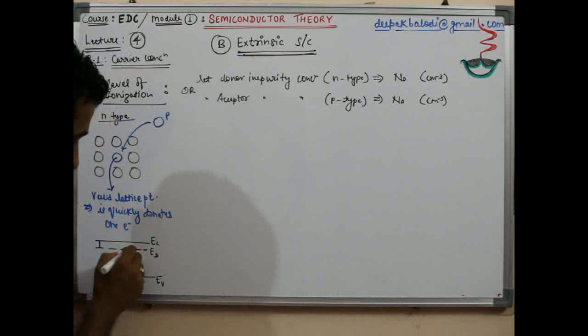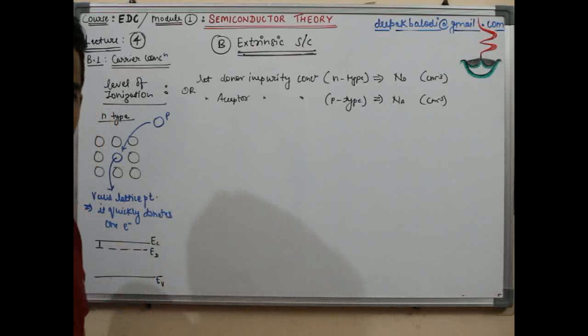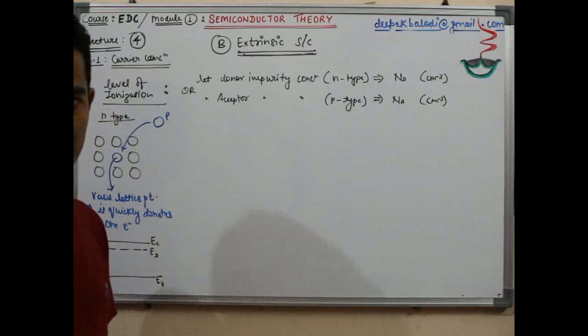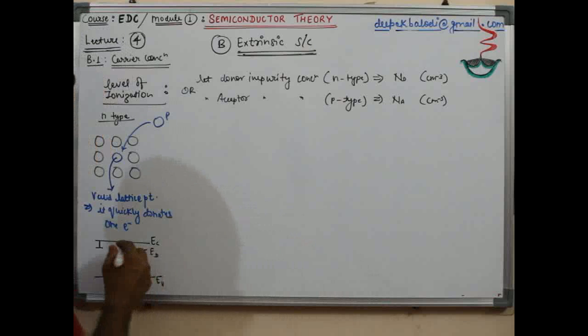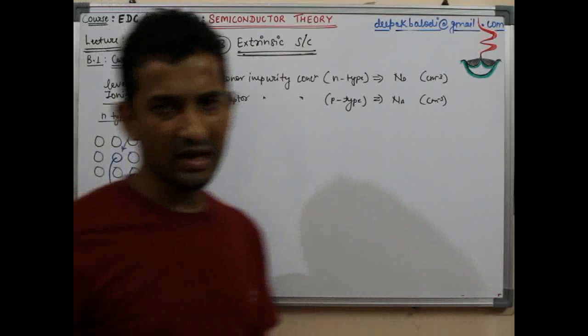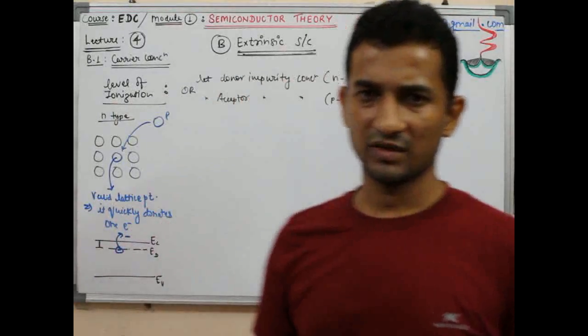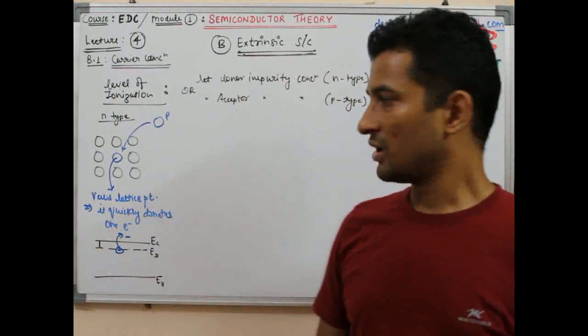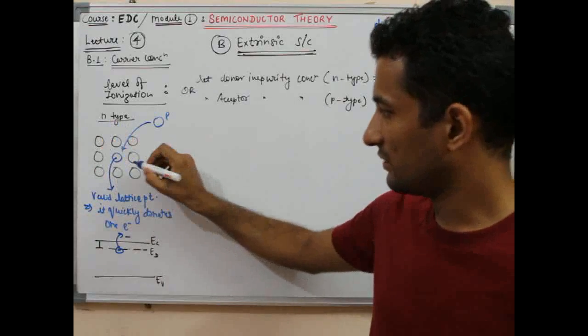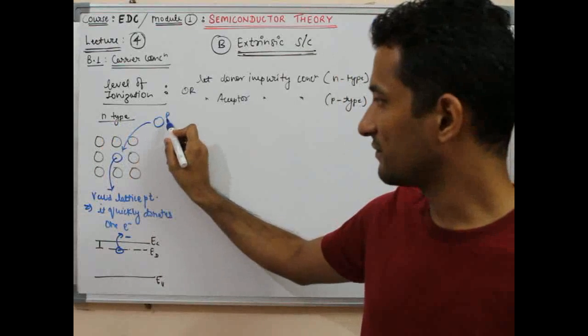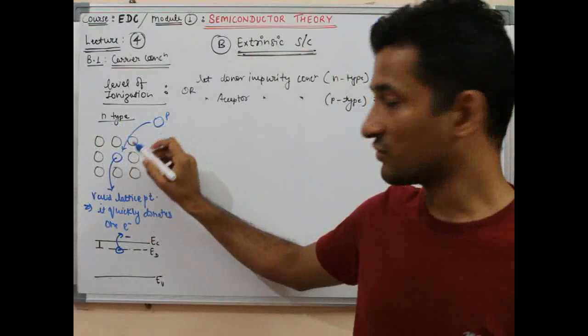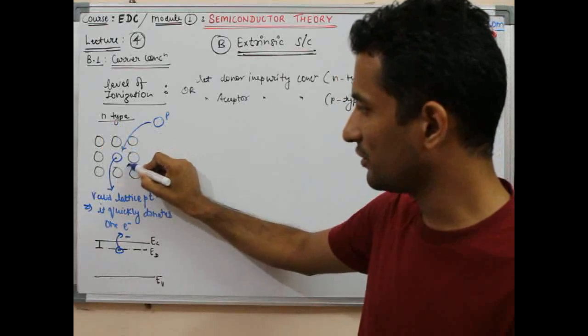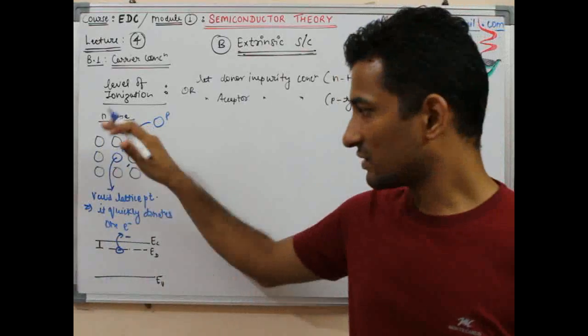Because the thermal energy is far more sufficient to have this transition, one electron very quickly comes here, as the thermal energy itself is sufficient to knock it out. Because it has 5 electrons in the outermost shell, one extra electron will quickly come out and be ready to move anywhere. So that is understood by this scenario.